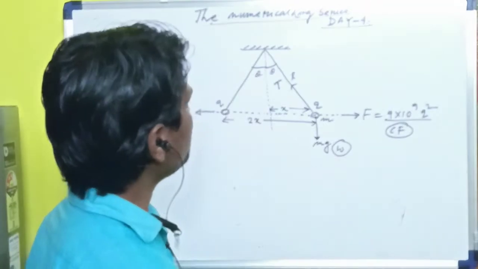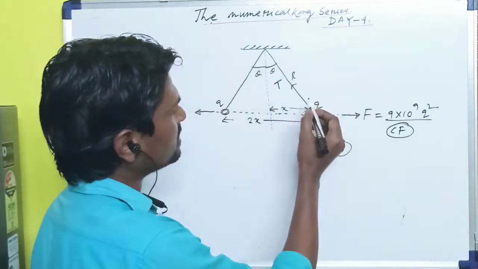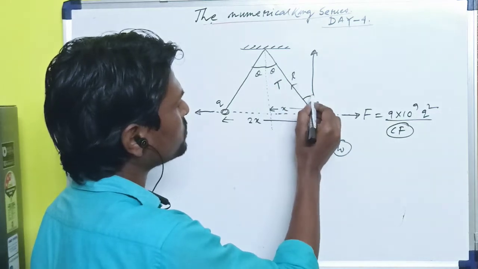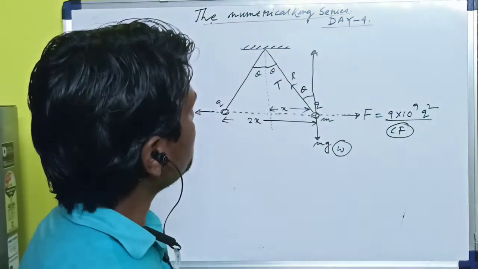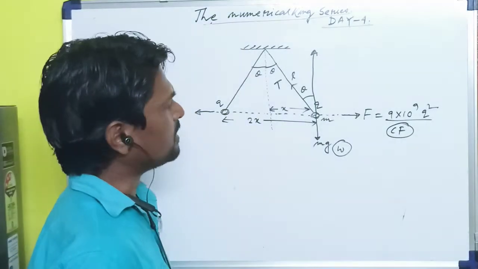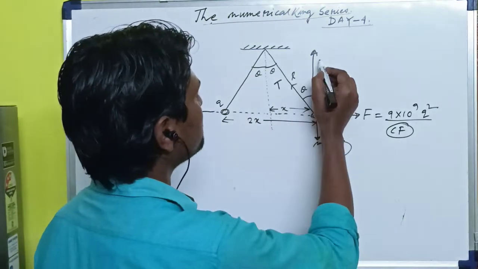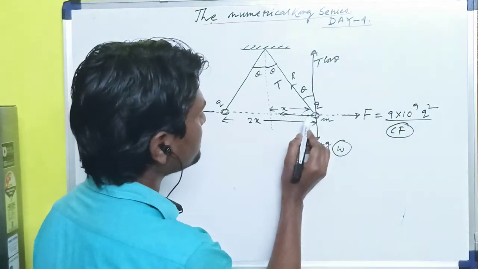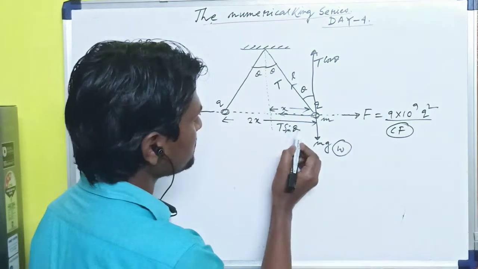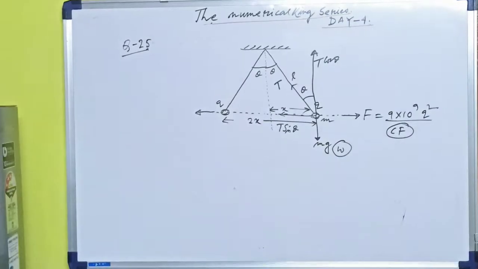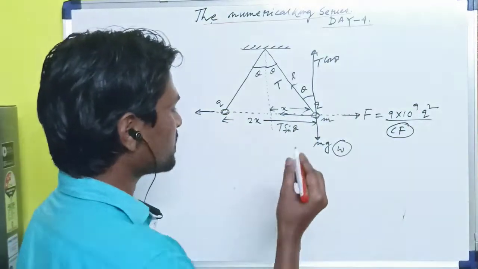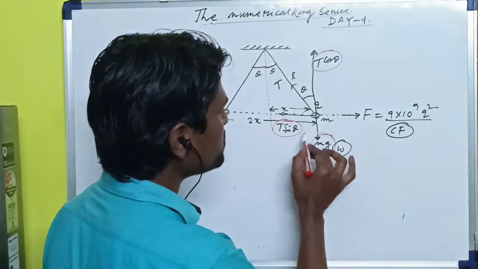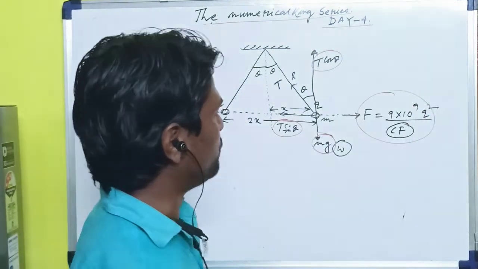If the tension force acts along this direction, then we can resolve it like that. So this is theta and this is also theta. Why is this theta? Because it is an alternate angle, so simple. So this is T cos theta, and this is T sin theta, and this is mg, and this is the Coulombian force.